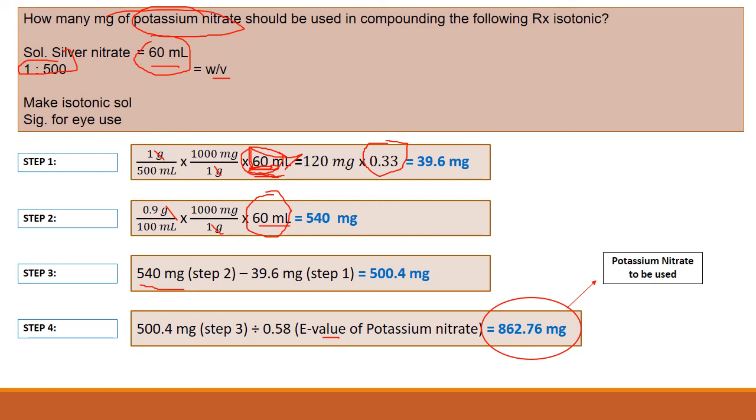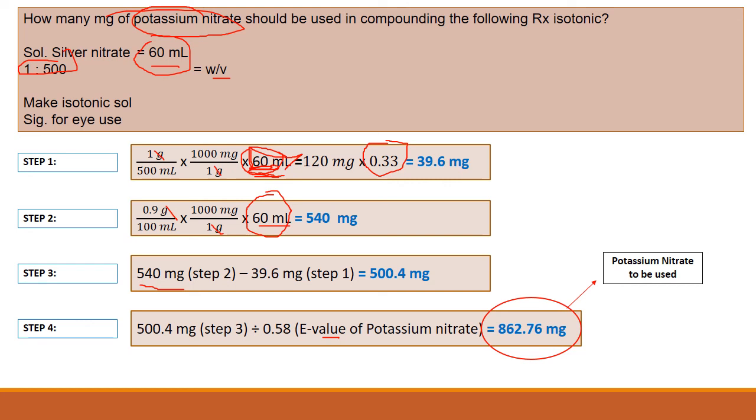So 0.9, okay? Remember step 2, you calculate the amount of sodium chloride alone that would be contained in the isotonic solution of the volume specified in the prescription. So sodium chloride alone raman siya. Remember that you already have your value for your sodium chloride, which is 0.9%, diba? 0.9% can be written as 0.9 gram over 100 ml.